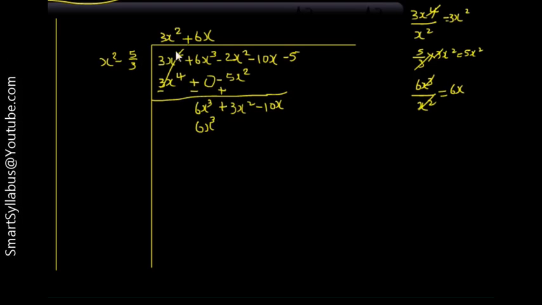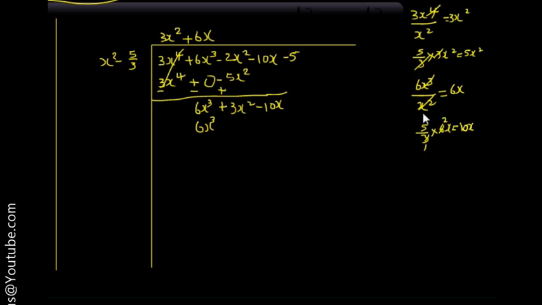Now 5 by 3 into 6x, 3 ones are 3, 3 twos are 6, so 2 into 5 it's 10x, but here x square is there, therefore don't write anything. Minus into plus, minus 5 by 3 into 6x is 10x.